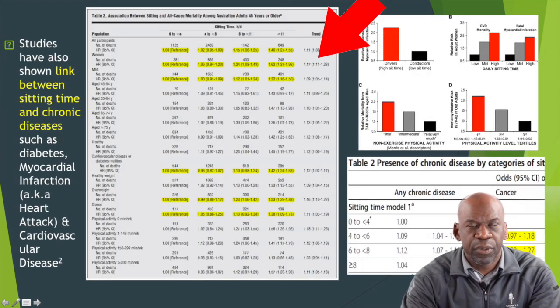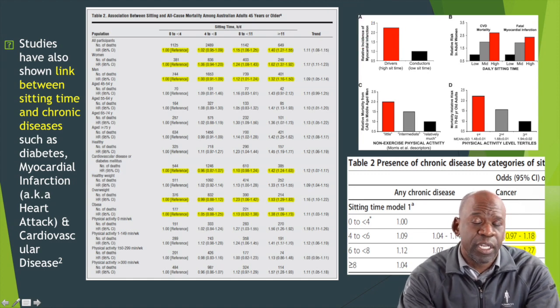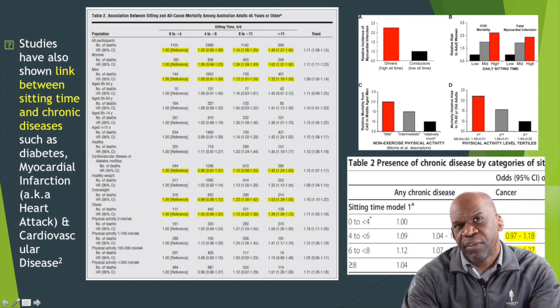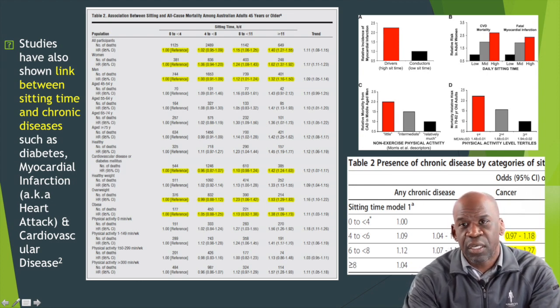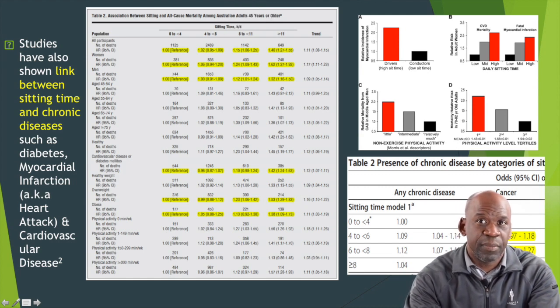So this first table shows a number of chronic diseases, and it compares their relative incidences to one another. And it does this using sitting time as one of the causative factors. And so if we look at the sitting time across the top, as you move from left to right on the table, the amount of sitting time increases.